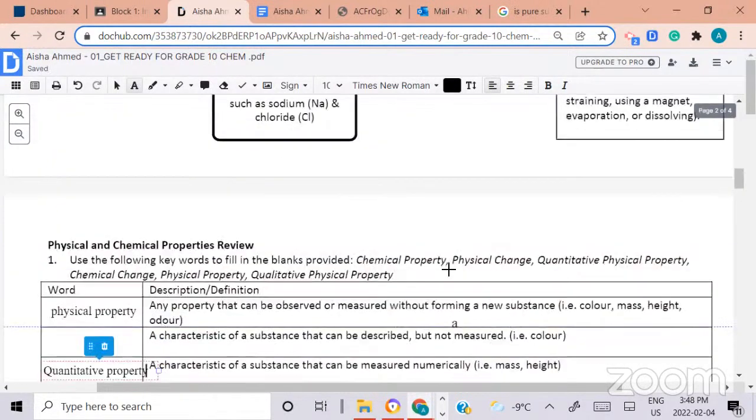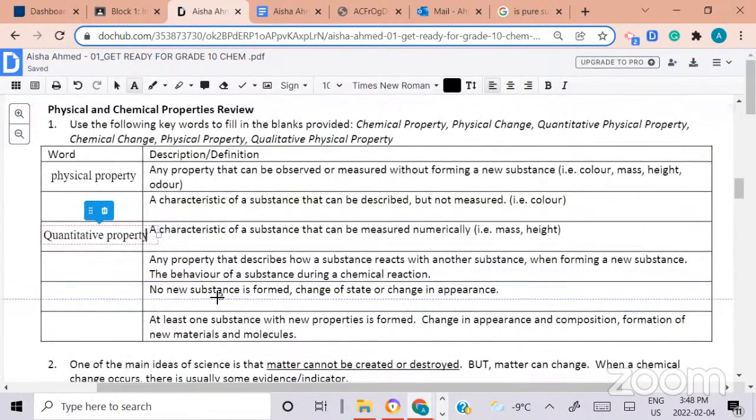Now a characteristic that cannot be measured, but we tend to describe it, for example, colors, is qualitative, because we express the quality of the substance, like what's the color. I want to say another example, but it's not coming to my mind.